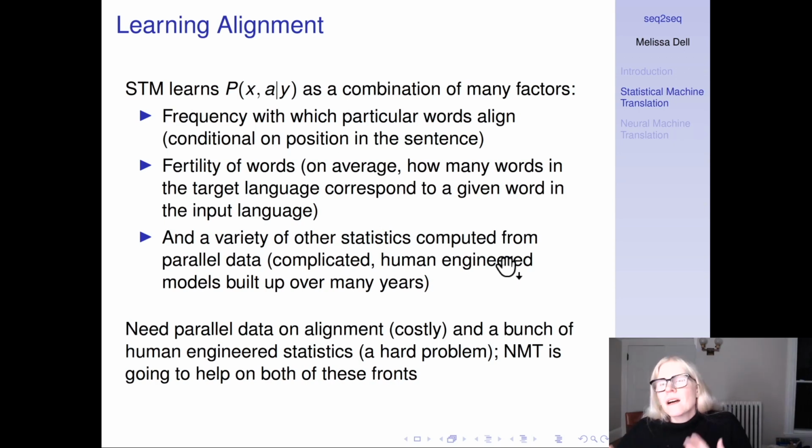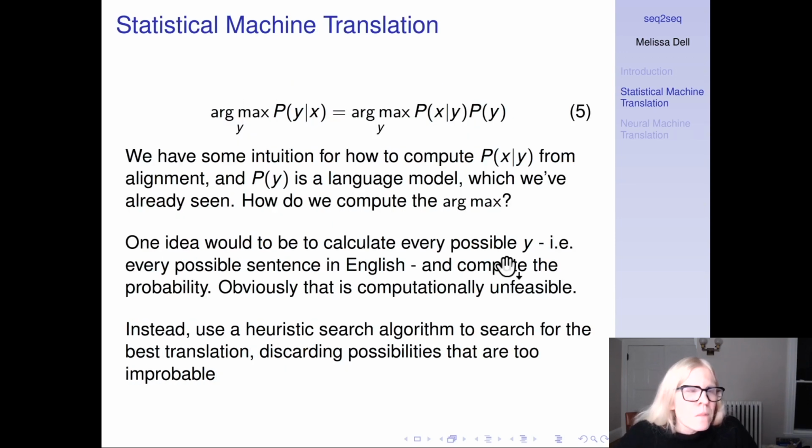And so you have these very complicated human engineered models built up over many years. And you're going to need parallel data on alignment, which is costly, and a bunch of human engineered statistics, which is a hard problem. Neural machine translation is going to help us on both of these fronts, as we'll see.